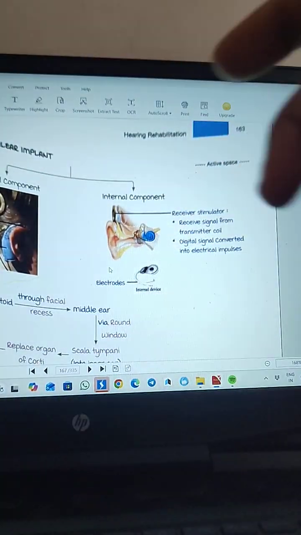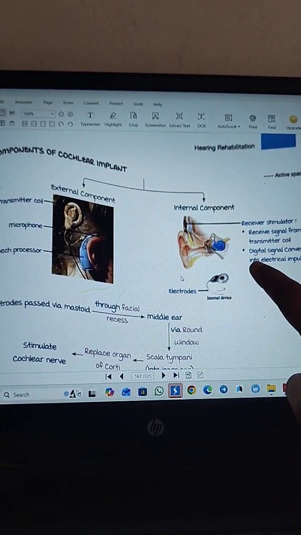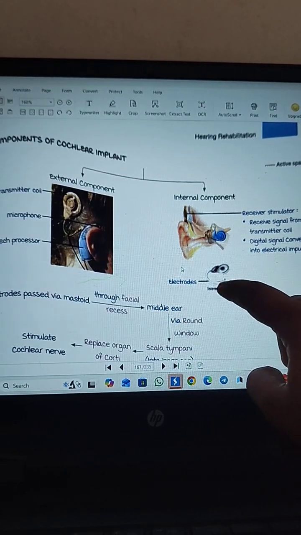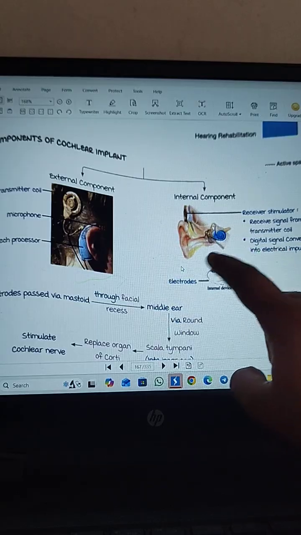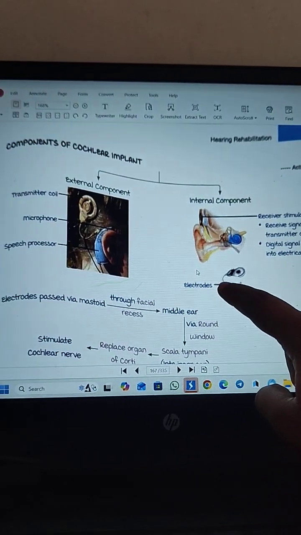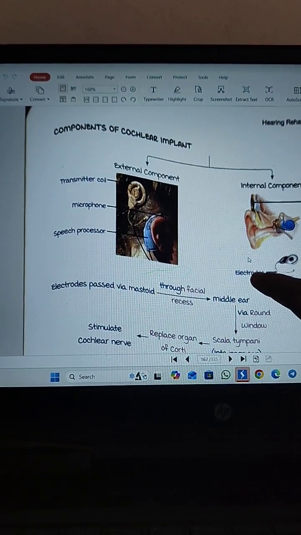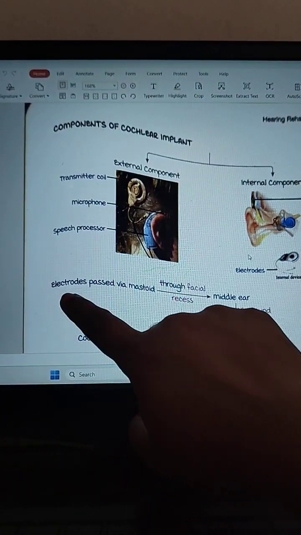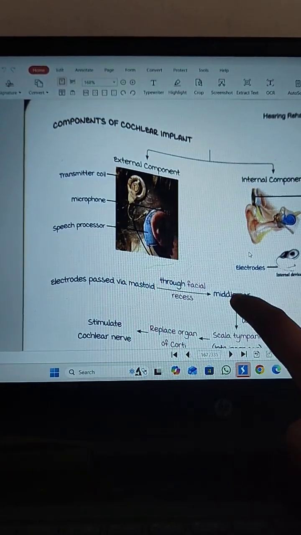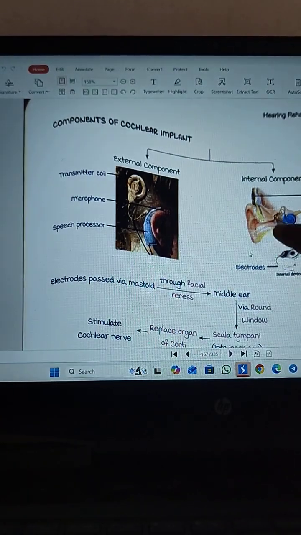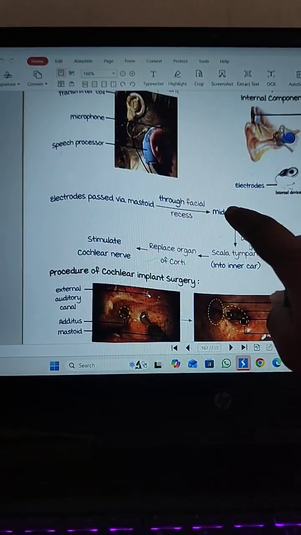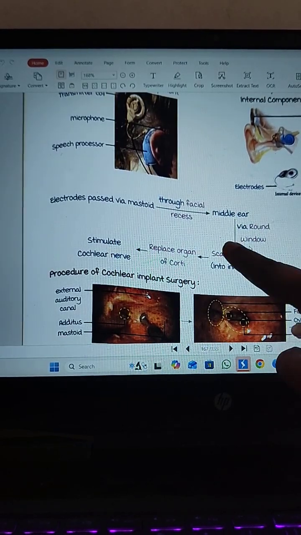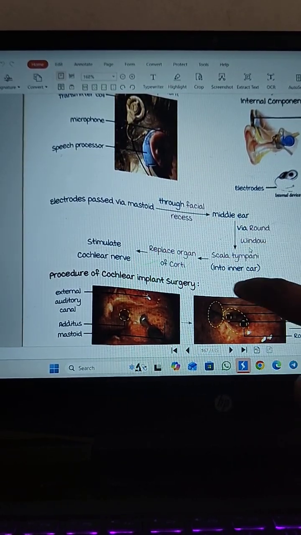Then these electrical impulses are sent to the electrodes of the internal device. These electrodes are passed via the mastoid into the middle ear, through the facial recess, and from the middle ear they are placed via the round window into the scala tympani, that is, into the inner ear.